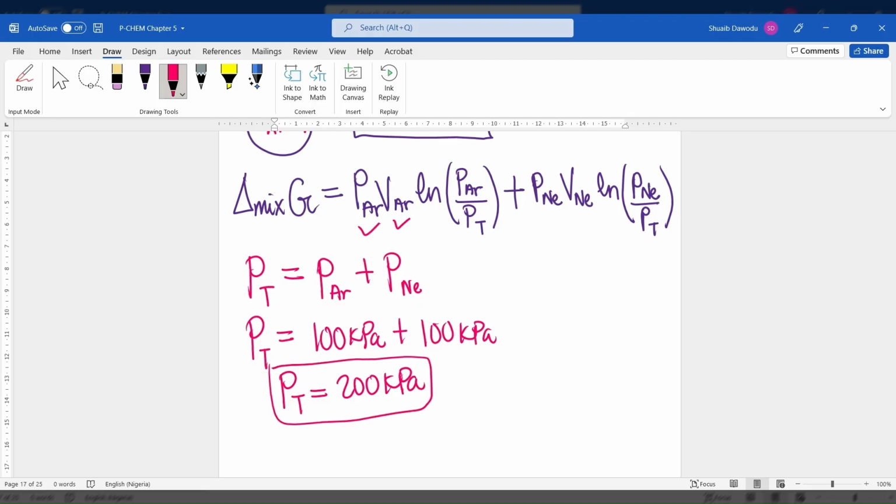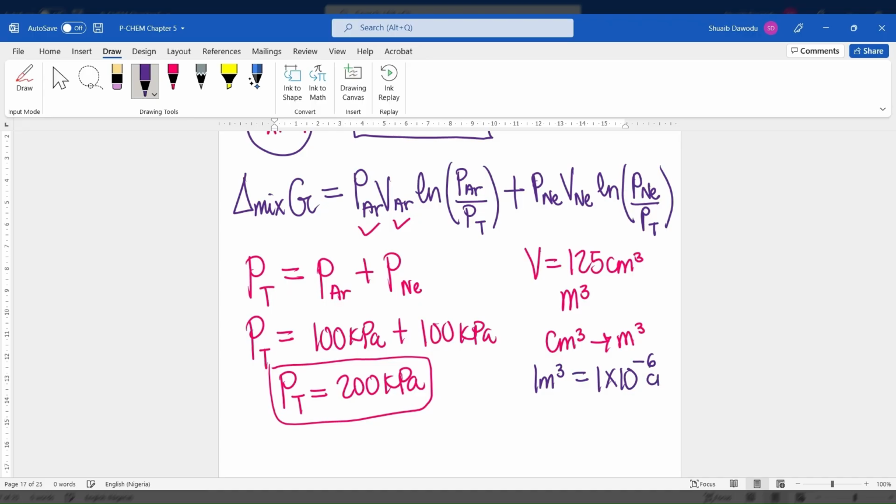Now we have another thing that we have to manage in this case. We have to remember that the volume, for each one of them, is just 125 centimeter cube. And whenever we see pascal, we have to make sure that the volume we're dealing with is in meter cube. So we have to convert from centimeter cube to meter cube. And if you remember, 1 meter cube is equivalent to 1 times 10 raised to the power of negative 6 centimeter cube.